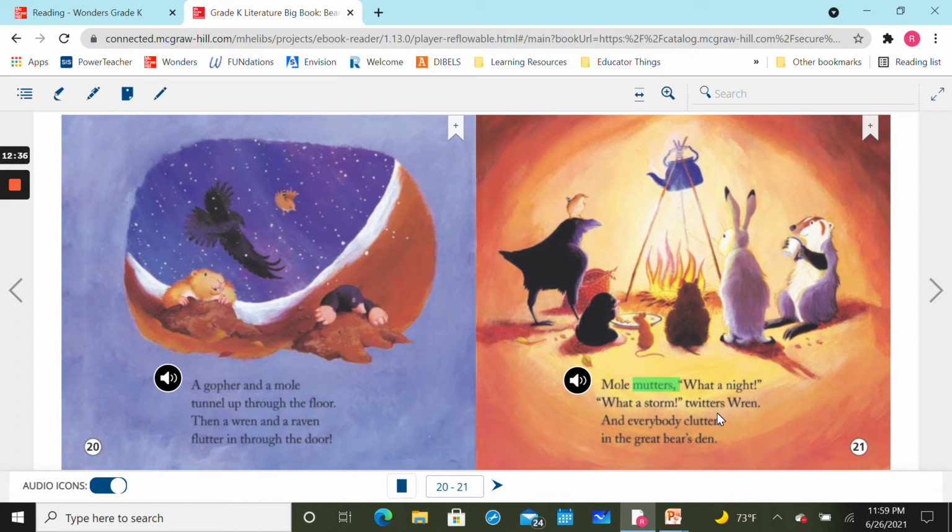Using my context clues, I can figure out that mutters is another way of saying says. And so when I read this, I'm going to use the word says instead of mutters. Mole says, "What a night!" Does that make sense? It does. So now we have figured out that the word mutters means says.